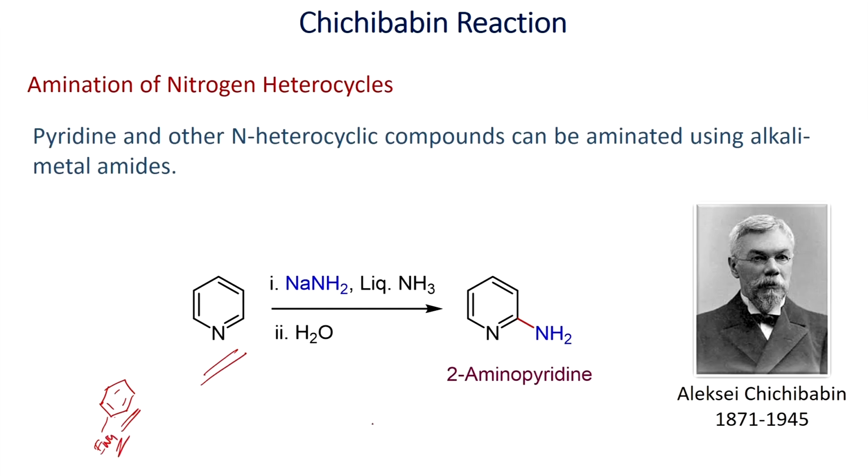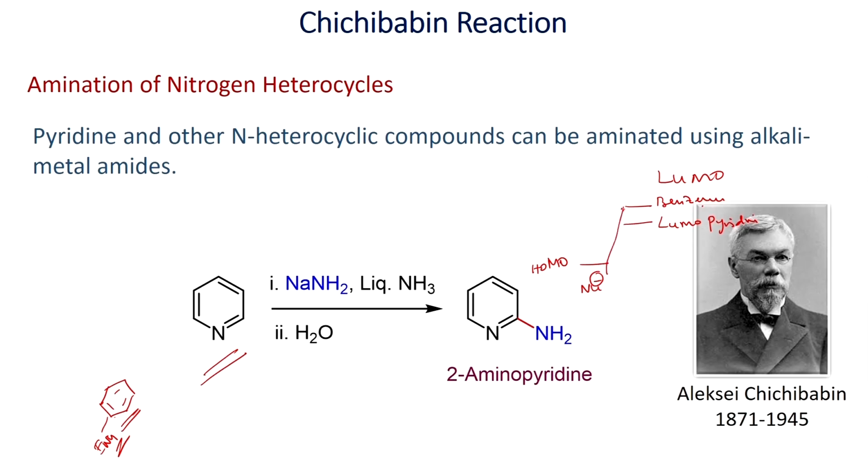If you see the energy level of the nucleophile and the LUMO of benzene, the reaction takes place between this LUMO, the lowest unoccupied molecular orbital of benzene, and the highest occupied molecular orbital of the nucleophile.